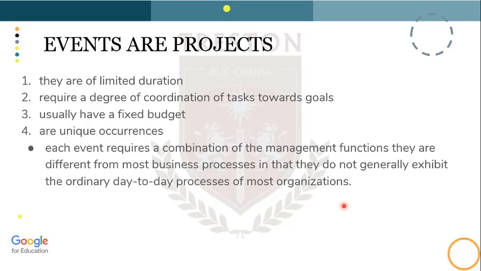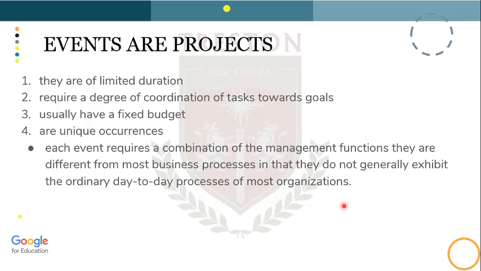So, events are considered projects. Why? Because they have a beginning and an end, and they usually end at a certain time. So therefore they have a limited duration. They require a degree of coordination of tasks towards goals, as we've defined in our previous meeting.